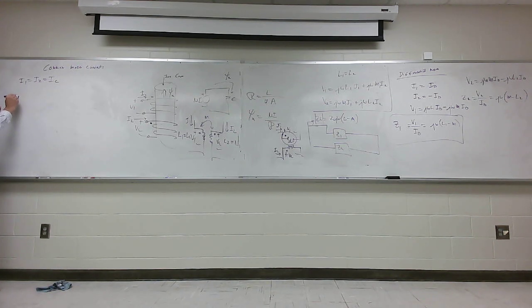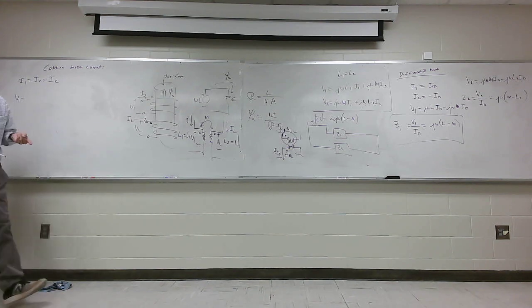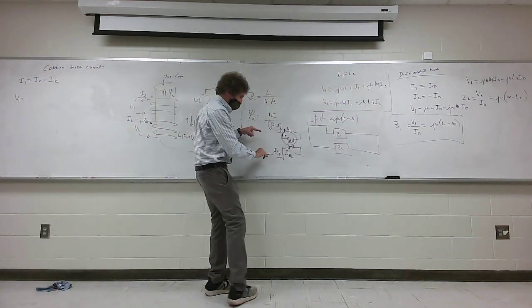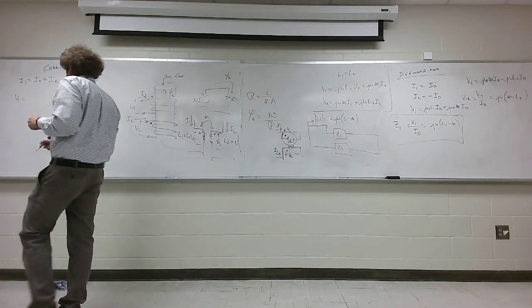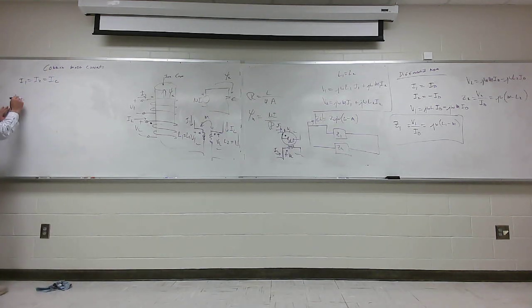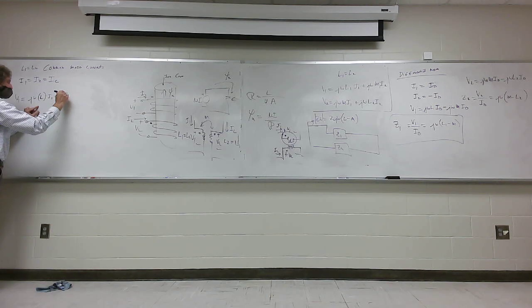And then you get V1, so here we're going to have currents in the same direction, both of the same magnitude and phase. Then V1 is equal to j omega L, I'm just going to say L1 is equal to L2 for this one, times I common, plus j omega M I common.